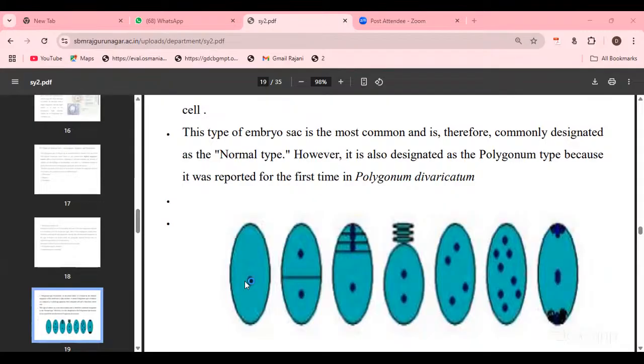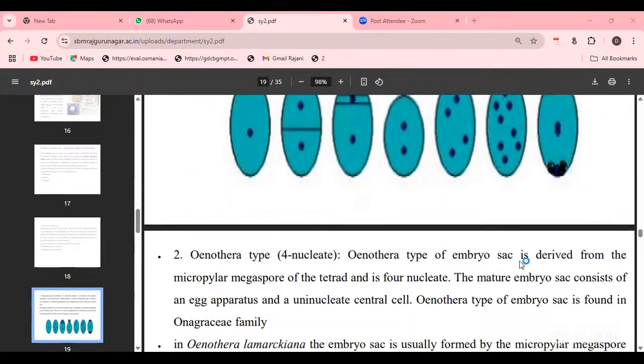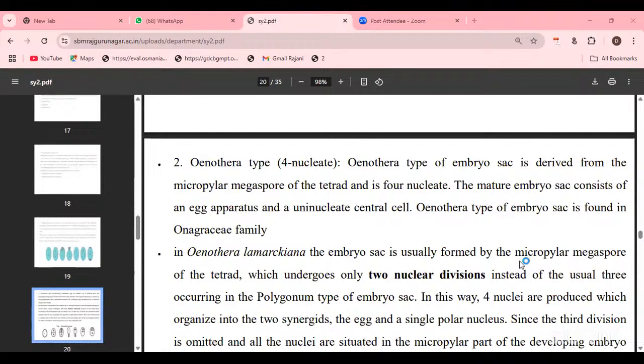Polygonum divaricatum: first one nucleus divides into two parts. Again divisions, three cells and one cell form. Again divisions, this is the 8-cell stage. That is the polygonum. Coming to the second one, the Oenothera type.